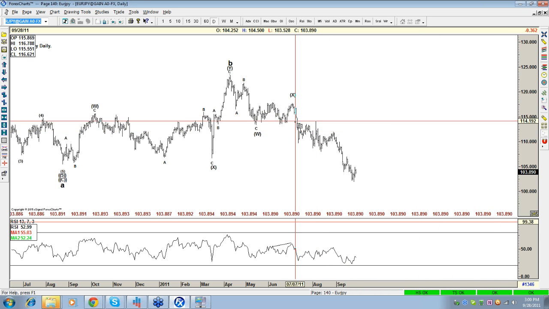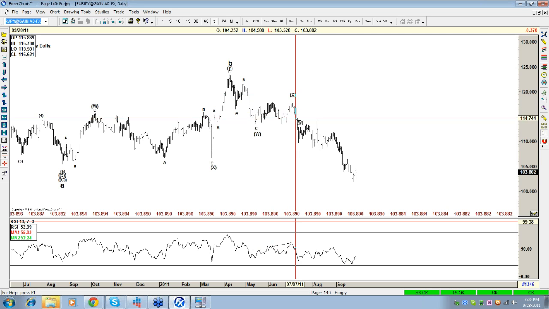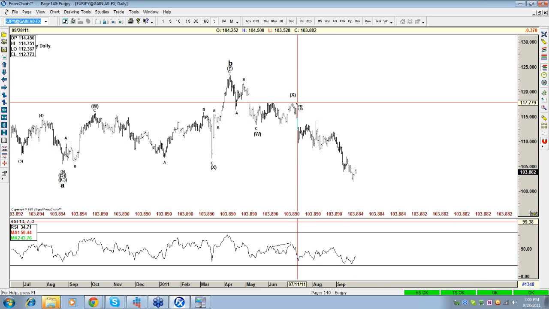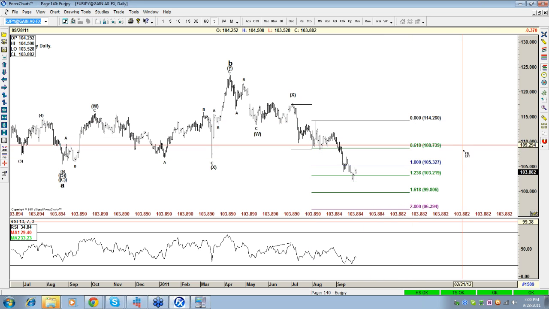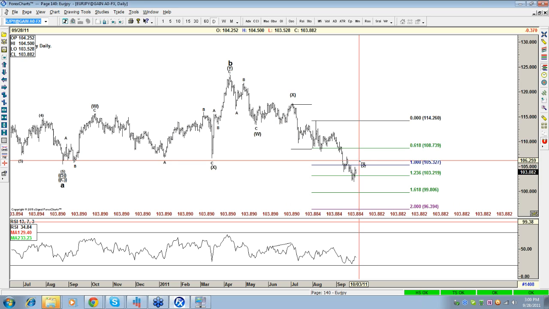So technically this can be WS, and then from there we can have A, B, and then A, B, and we're looking for 99 coming down from 105.